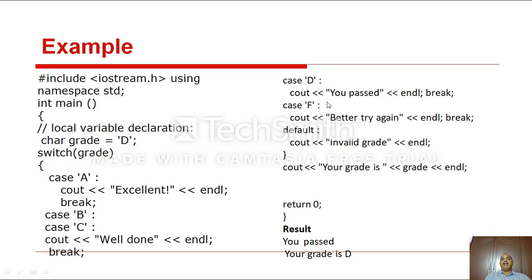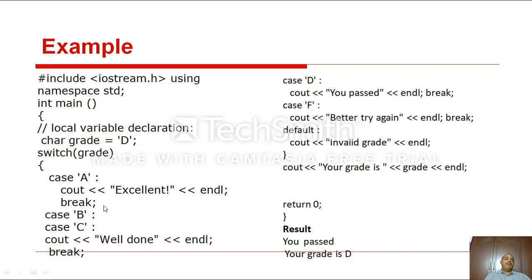No. Fifth case? No. Then there are no more cases; all the cases are completed. Then the control goes to the default statement. In the default case, it executes this statement: your grade is something. Clear, all of you?